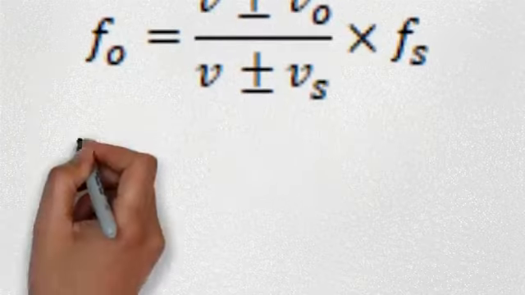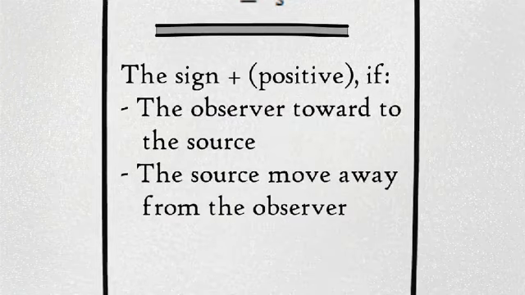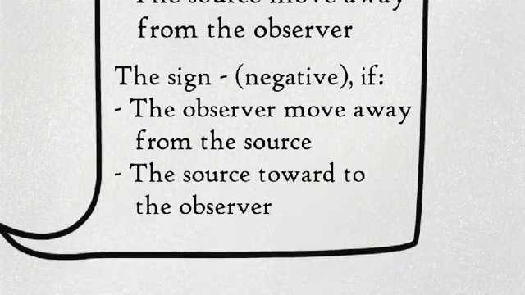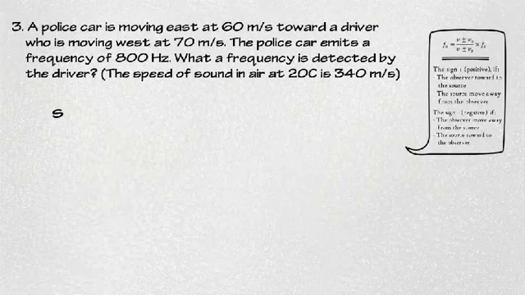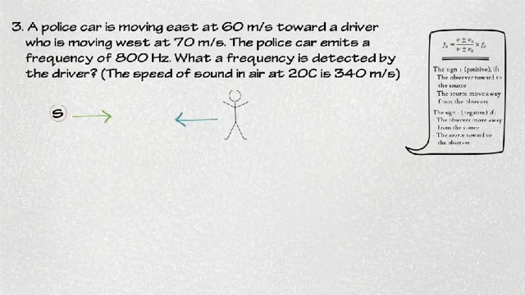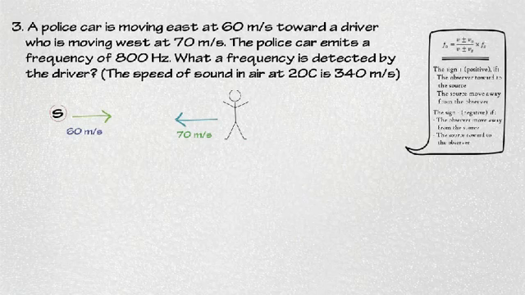This is the same formula to count the frequency of the observer. Still the same statement as before. Let's recount. The source is moving east at 60 meters per second and the driver is moving in the west direction at 70 meters per second.